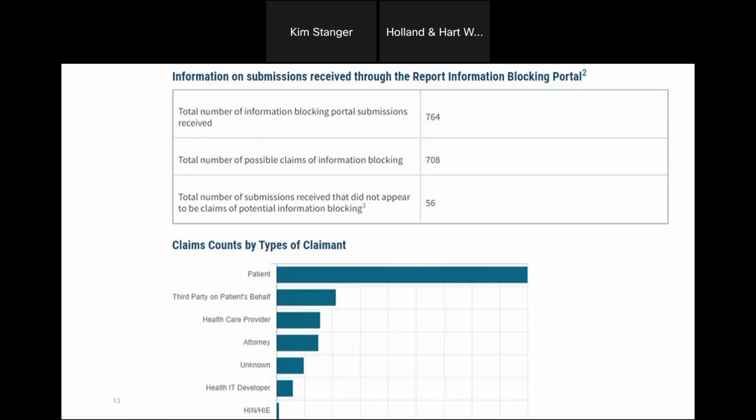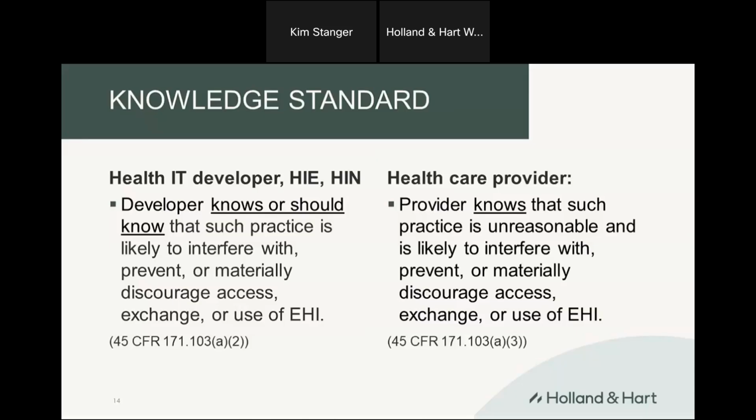I'm somewhat surprised that they're asserting those complaints through the information blocking rule rather than just through HIPAA, because patients would generally have a right to access their information under HIPAA. And there is a penalty structure under HIPAA. We don't have a penalty structure yet for healthcare providers under the information blocking rule. But be that as it may, that's where we are as of May 2023.